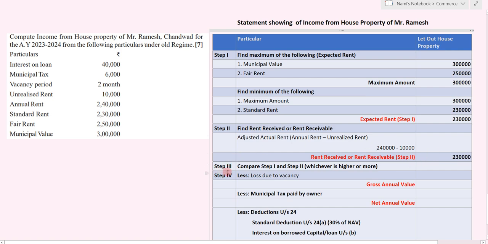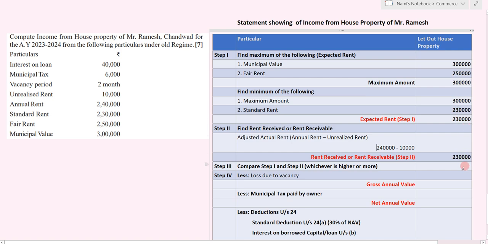Now step number 3 is what? Compare step 1 and step 2. From comparison, whichever value is higher or more, that we have to take as step number 3. So the value of step number 1 is 2,30,000 and the value of step number 2 is 2,30,000.